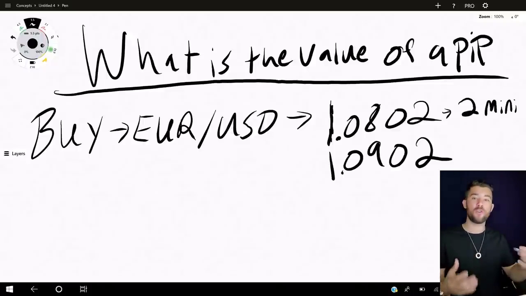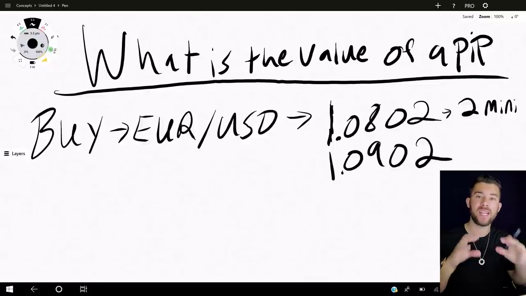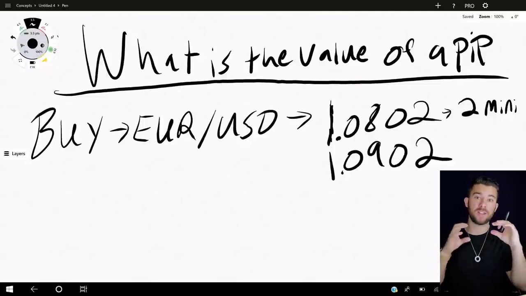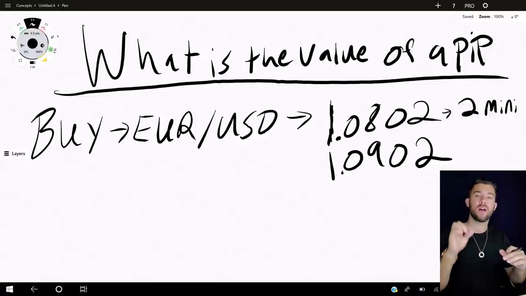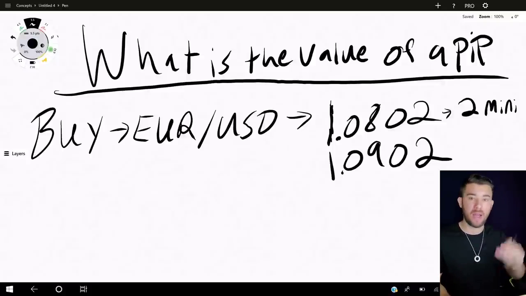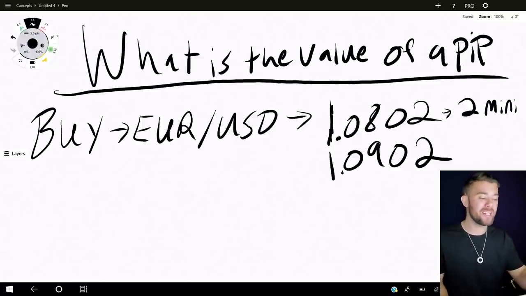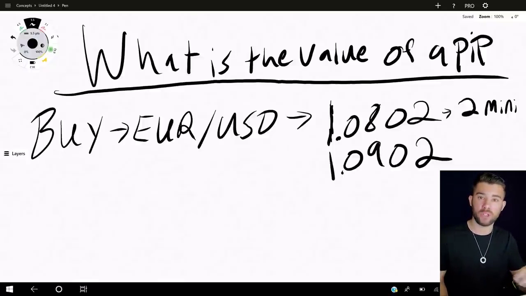So you're trading 2 mini lots. And do you remember what a mini is? A mini is you holding 10,000 units of currency. So if you're trading 2 minis, you're holding 20,000 units of currency. A mini is worth $1 per pip, meaning the value of a pip, if you're trading a mini lot, is $1. So in this case, the market goes up by 100 pips.